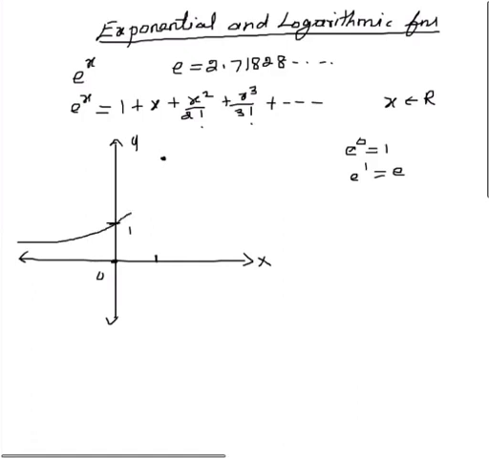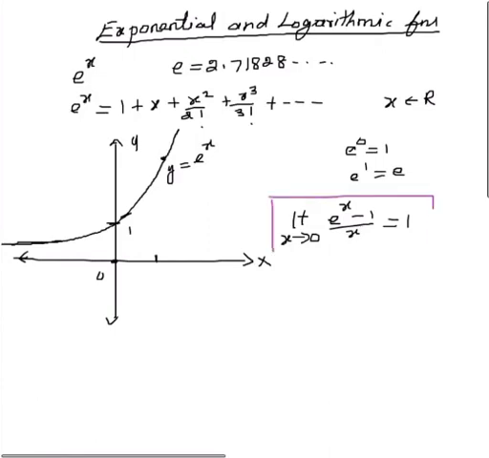So the curve is going to be like this. This is the y is equal to e power x curve. The curve goes closer and closer to the x-axis, but it doesn't touch it. And the limit formula for the exponential function is limit x tends to 0 of e raised to x minus 1 divided by x is 1. We need not learn the proof of this.